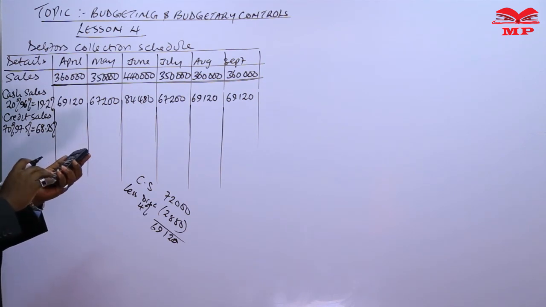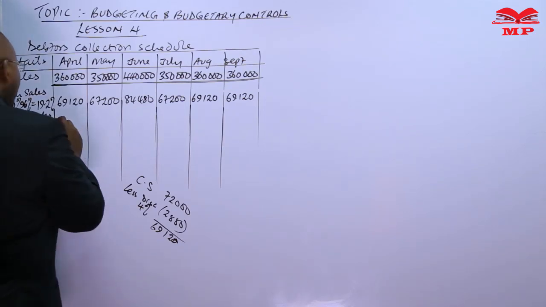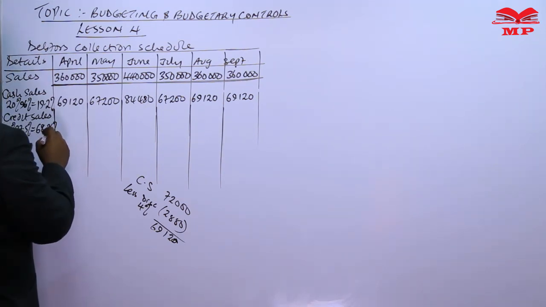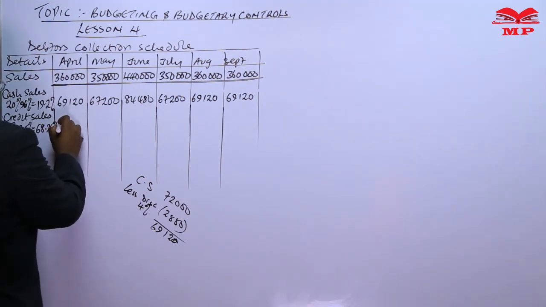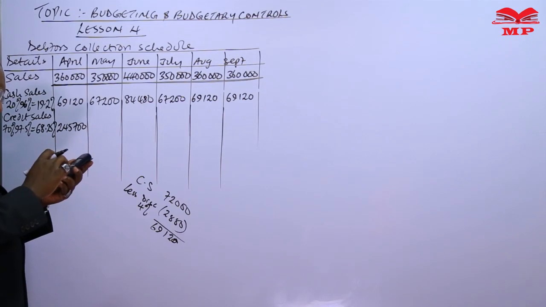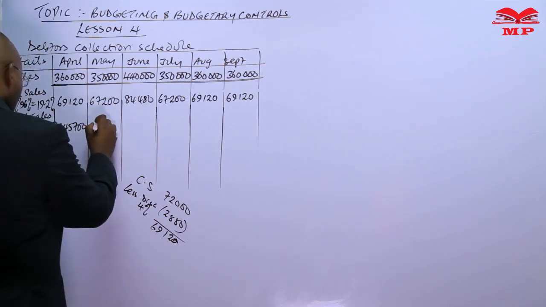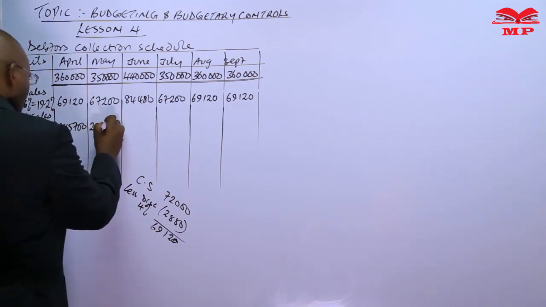Then we take 0.6825 times 360,000, this is going to give us 245,700. And should we multiply by 350, this will give us 238,875.